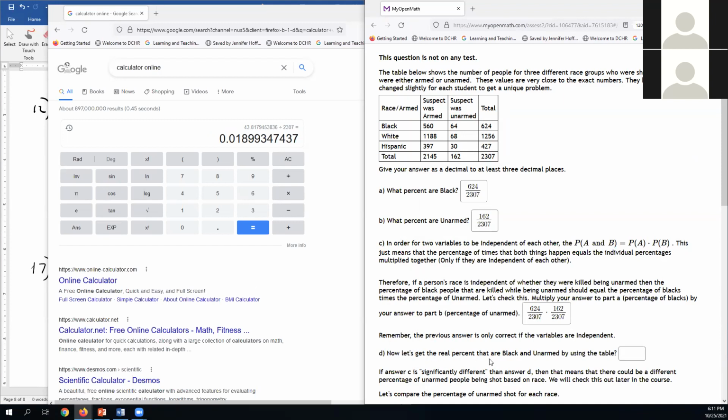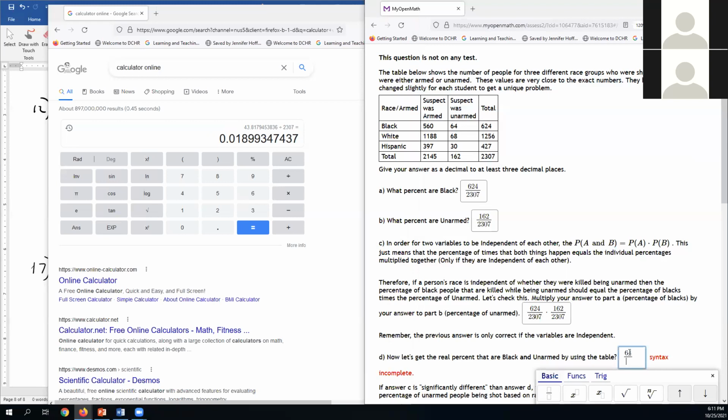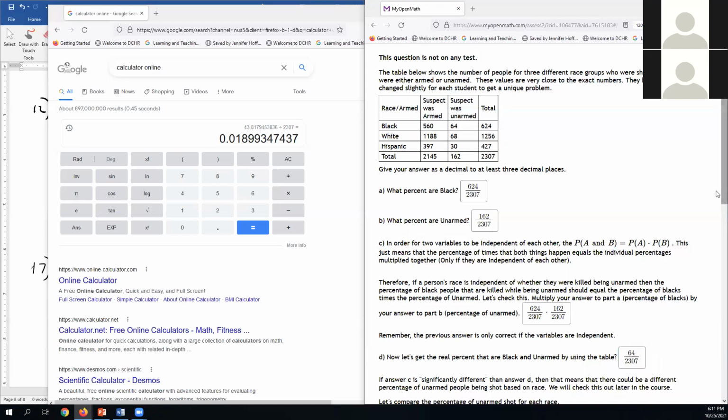Now let's get the real percent that are Black and unarmed using the table. So now we want the percent that are Black and unarmed. So that would be Black and unarmed is 64. So that'd be 64 out of the entire table, 2307. Okay.